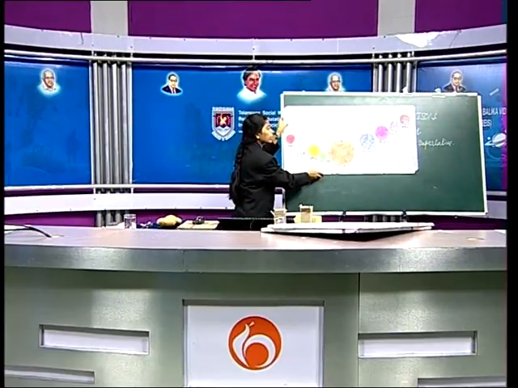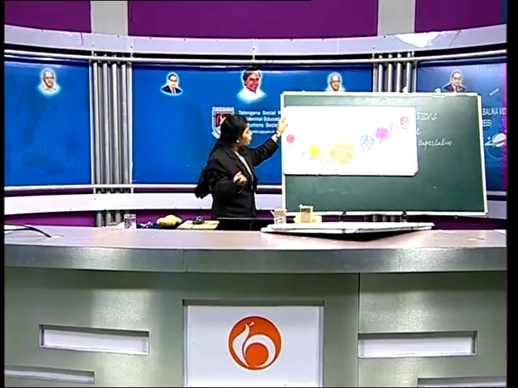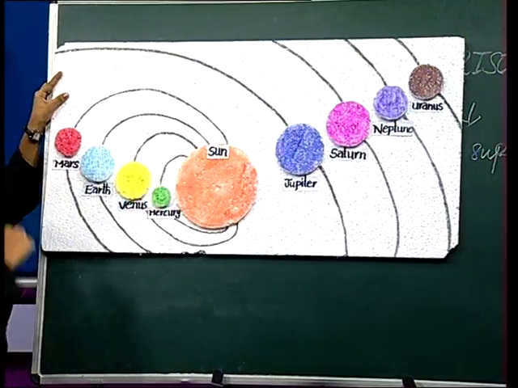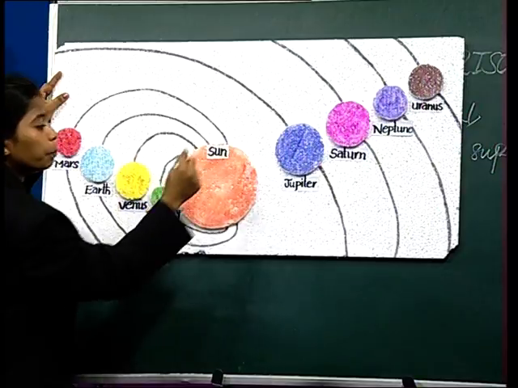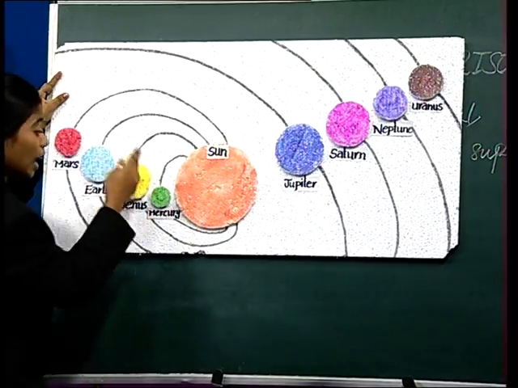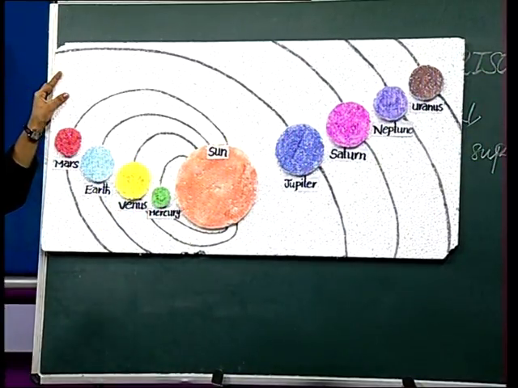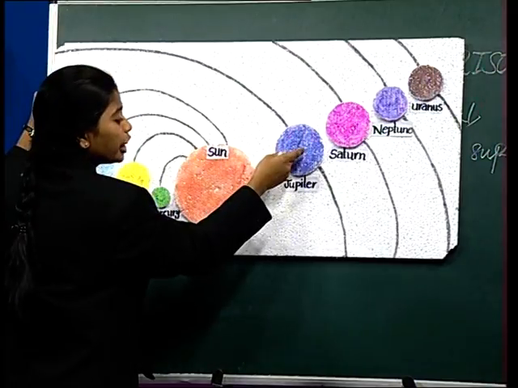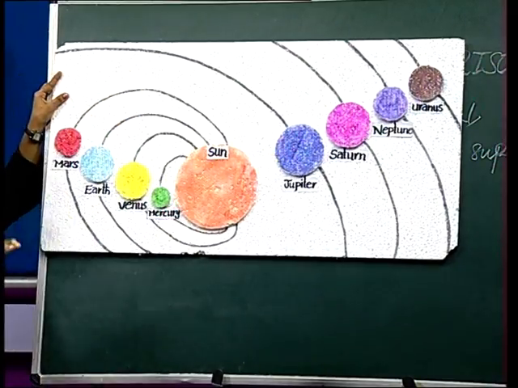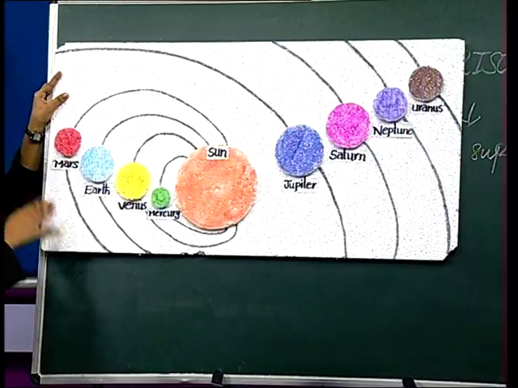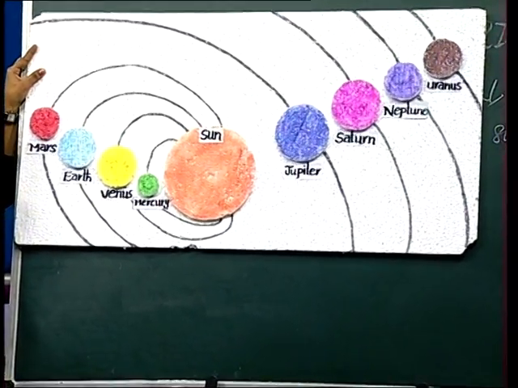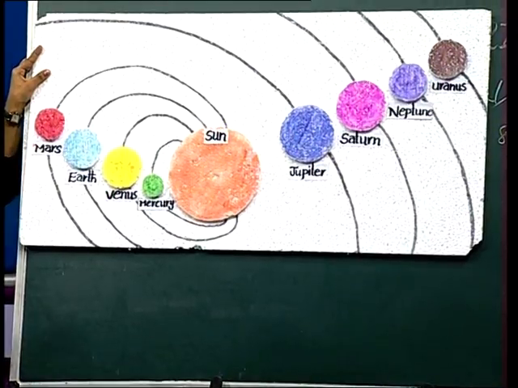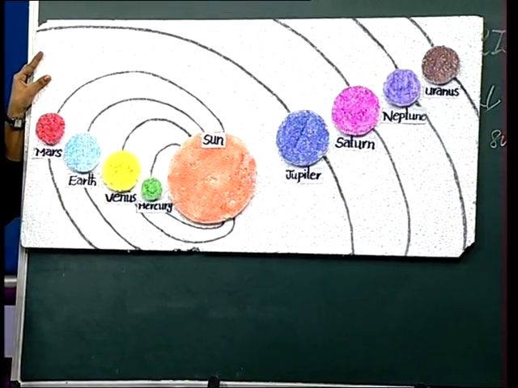Friends, let us look at the chart. Here, Mercury is a large planet, but Earth is larger than Mercury and Jupiter is the largest of all the planets. So what we have discussed, friends, is that degrees of comparison is divided into 3 parts: the positive, comparative and superlative.